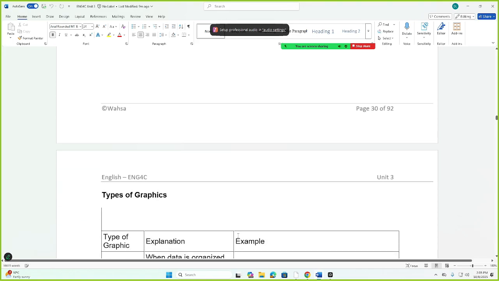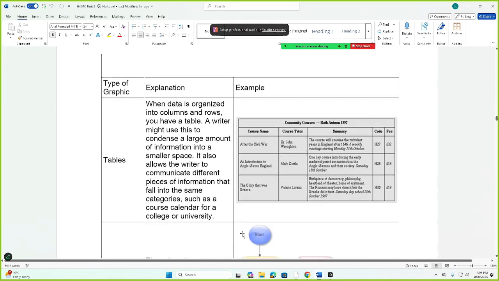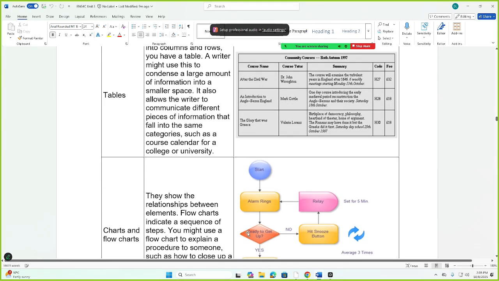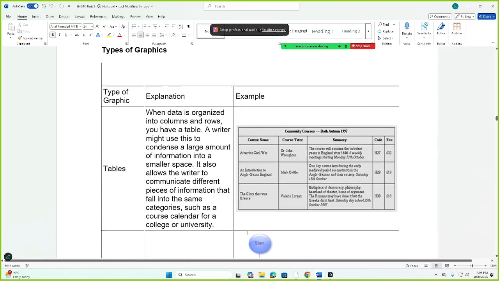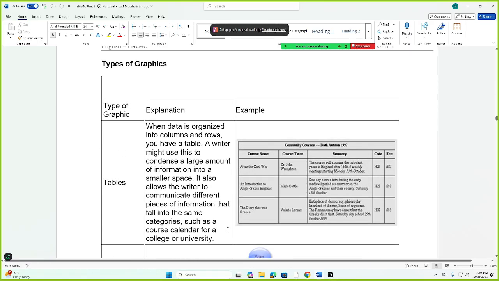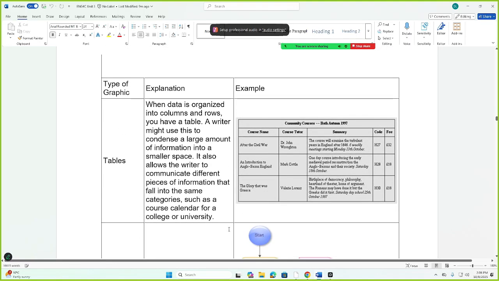But we'll talk more about that later. We also went through the different types of graphics very loosely. We just looked at the examples, and now today we'll actually include the explanations for each type of graphic.